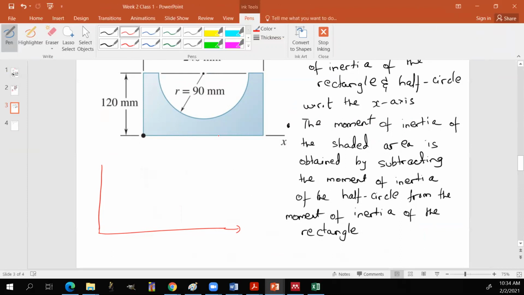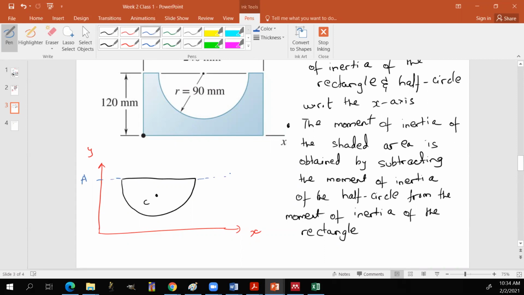Okay. Y, X, and then let's have our semicircle like that, right? We need to know where the location of the centroid is for the parallel axis theorem, right? So let's say that we draw this axis parallel to the x-axis.